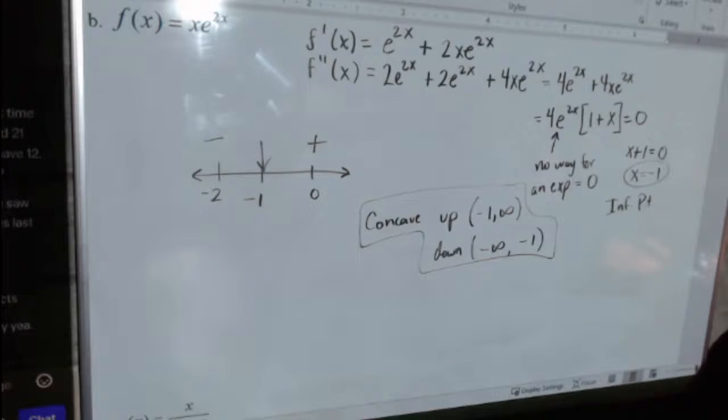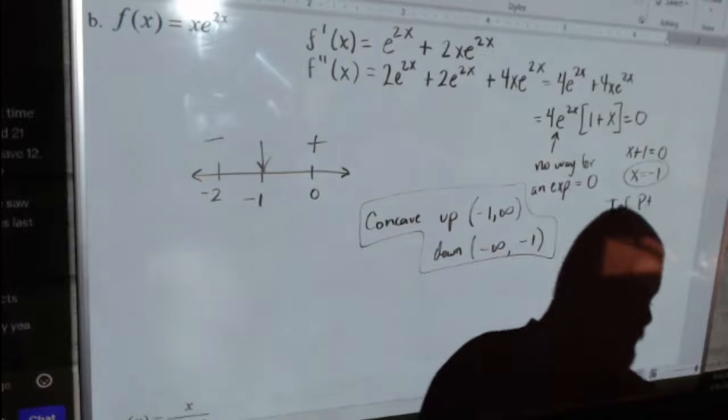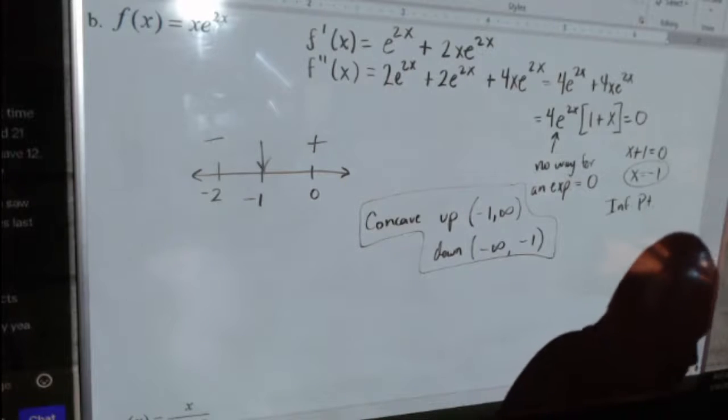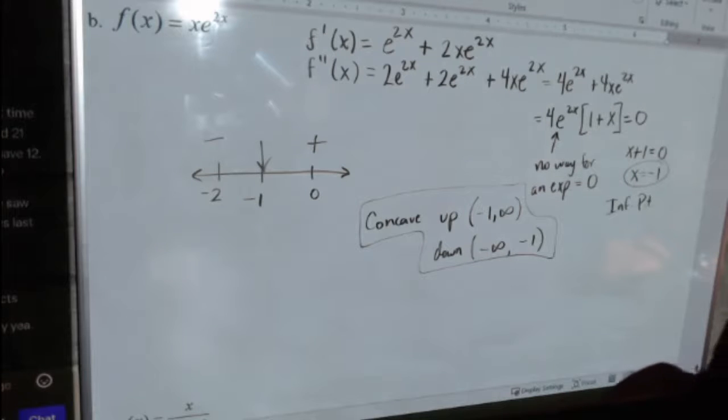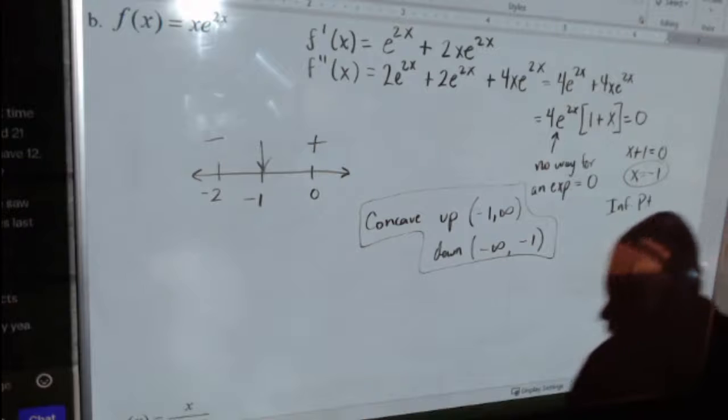Any questions about that guy? And as always, you can plot that on your calculator real quick.